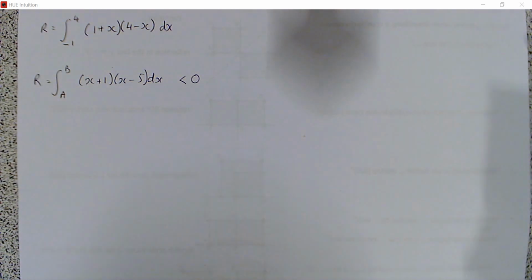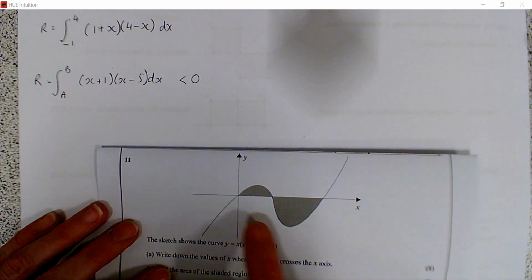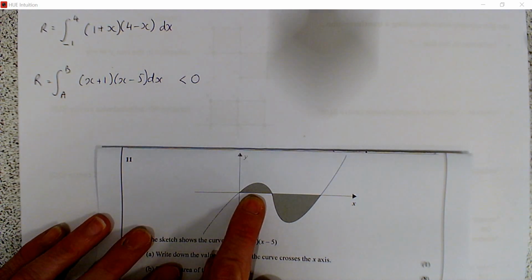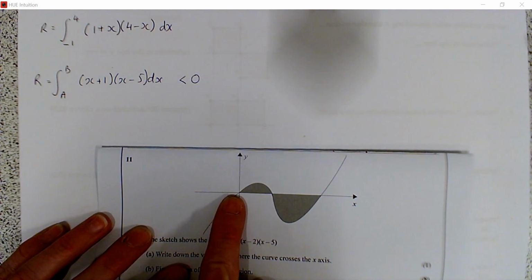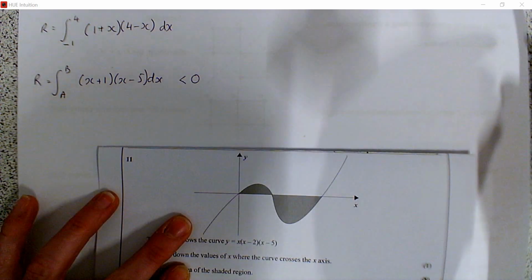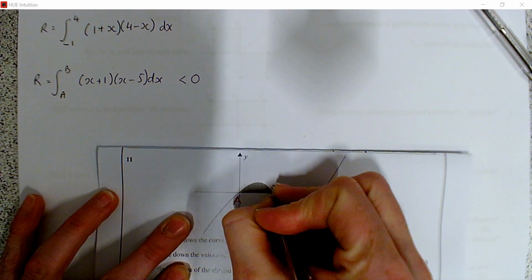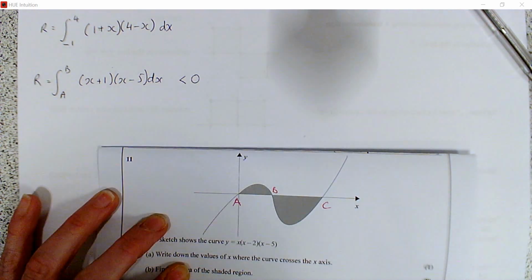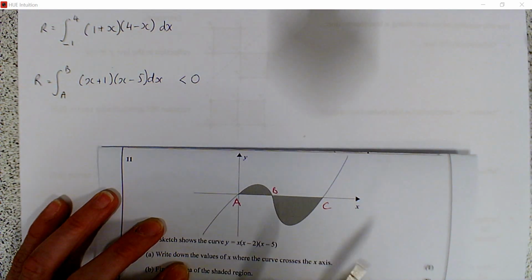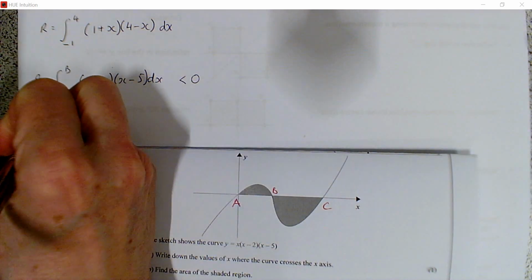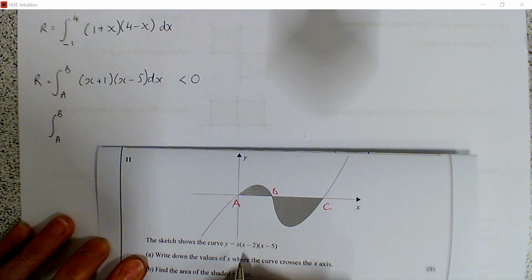Now, because of that positive-negative issue, if we have to find a total area where some of the curve lies above the axis and some lies below, we can't just integrate it from the start to the finish. So I'm going to call this one A, this one B, and this one C. If I wanted to find the area, I would need to integrate from A to B first of all, and there's my equation.